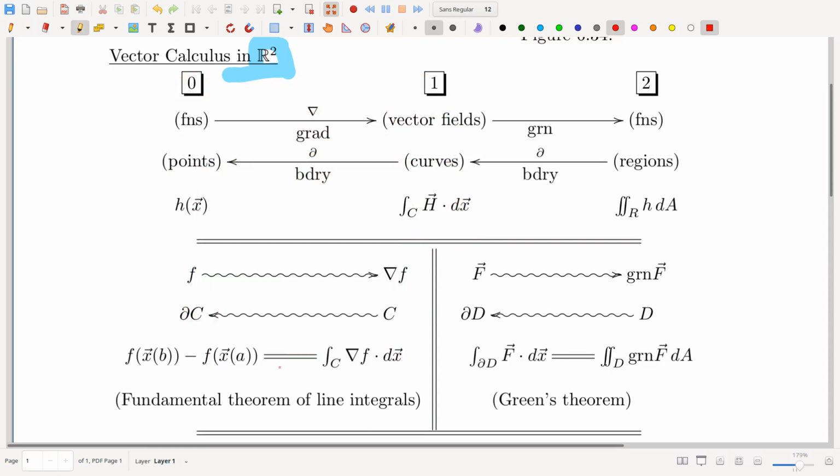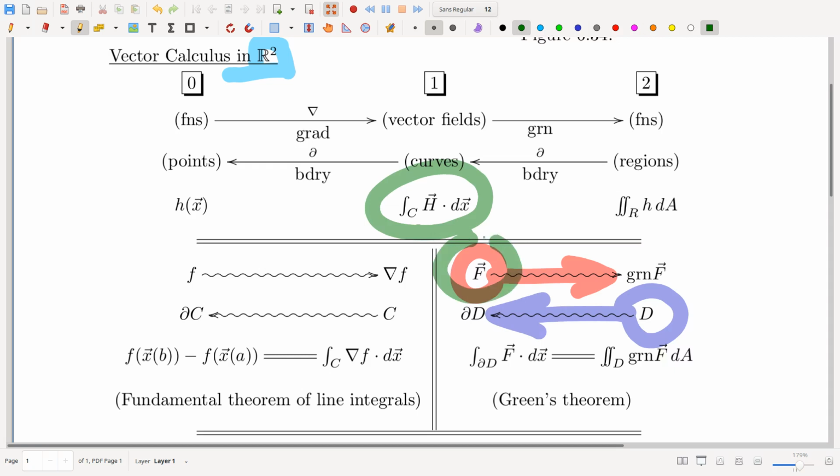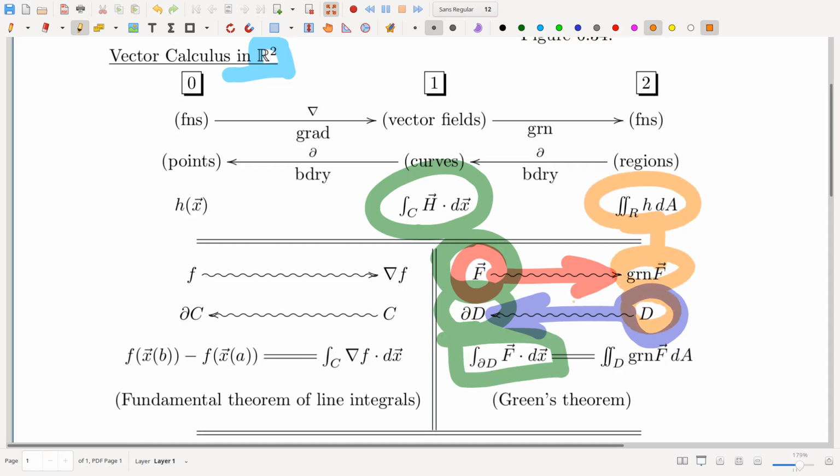Okay, so now let's do the same thing with Green's theorem. Green's theorem says if I have a vector field and I look at Green's operator, and if I have a two-dimensional domain and I look at its boundary curve, Green's theorem tells me that a line integral of my original vector field on the boundary curve and a double integral of Green's operator on my original domain are the same.